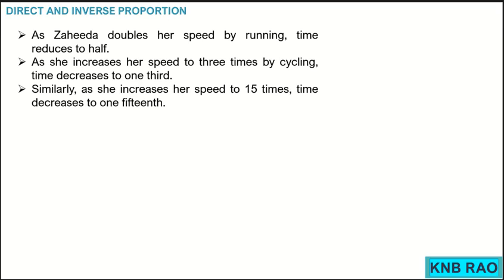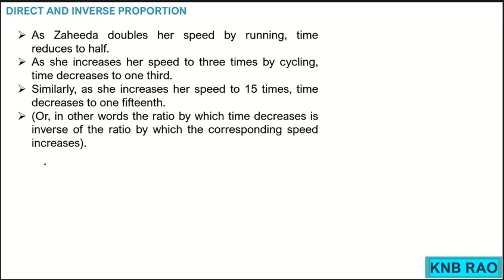These are all further observations, along with one quantity increasing causing decrement in another quantity. Here you could say, in other words, the ratio by which time decreases is inverse of the ratio by which the corresponding speed increases.